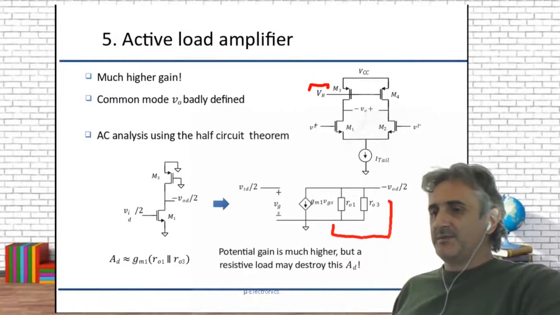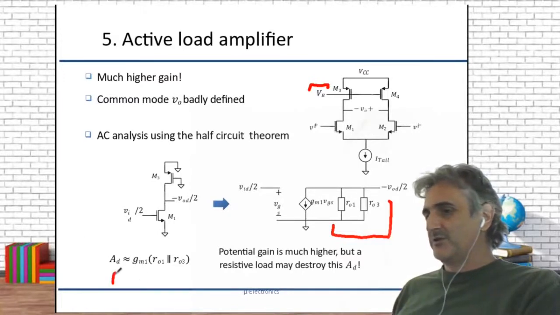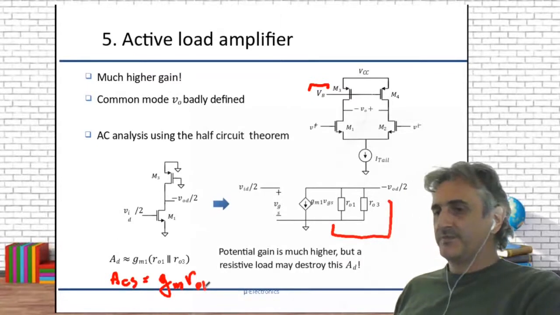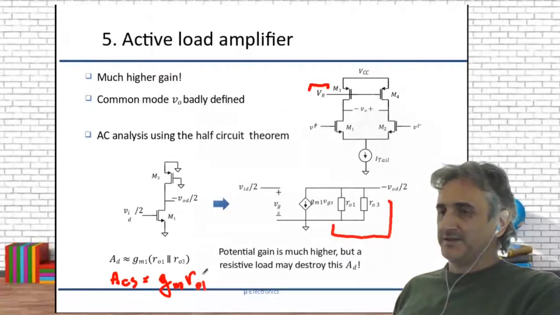In any case, remember that the gain for a common source amplifier was gm multiplied by the output resistance.